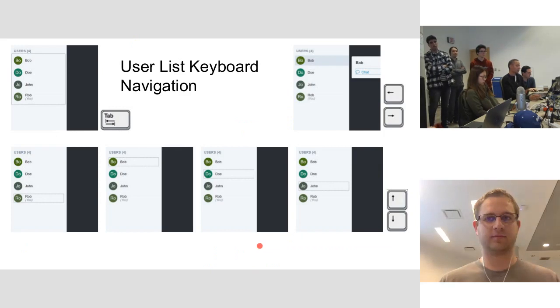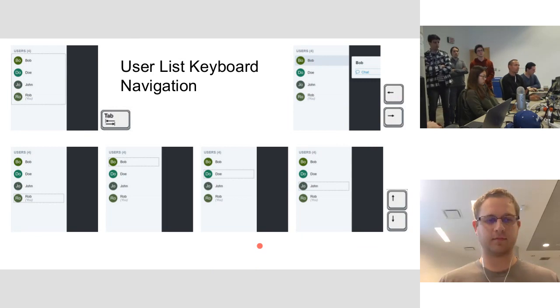A new feature that we've added is keyboard navigation and accessibility for the users list. We've taken the user list and made it its own tab stop so that it's part of the general tab order. Once that item is focused, we can now use the arrow keys to go up and down, cycling through the users in the list.